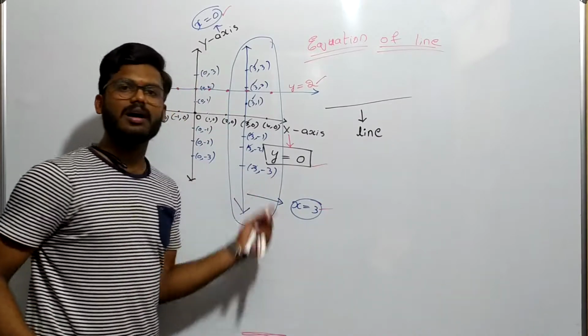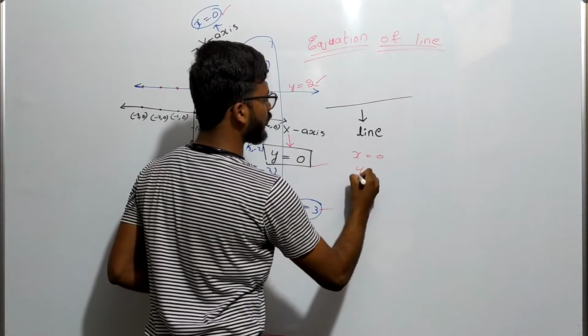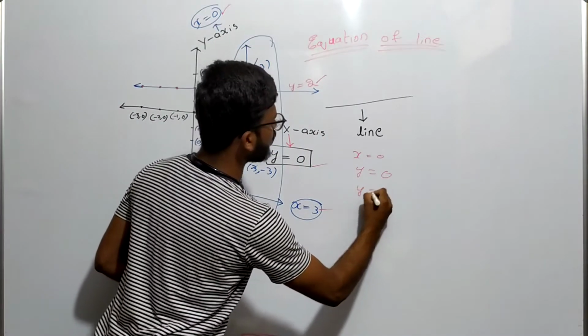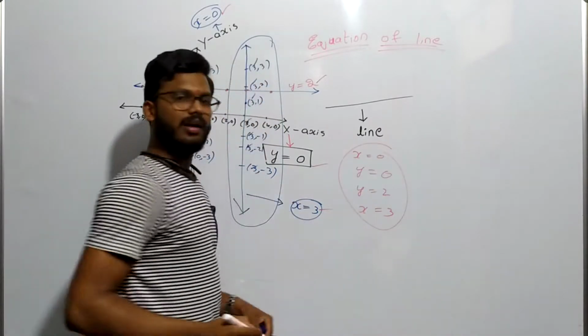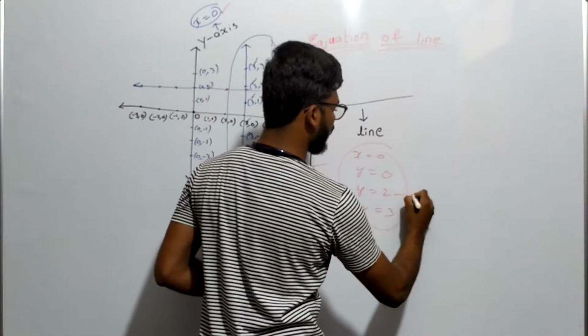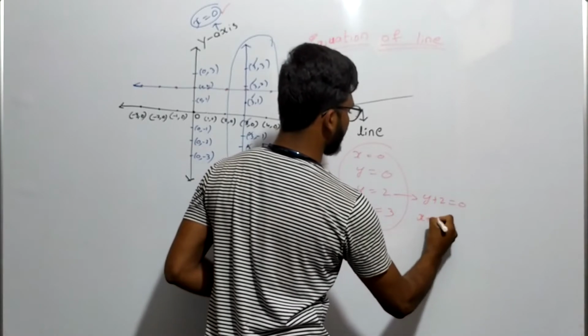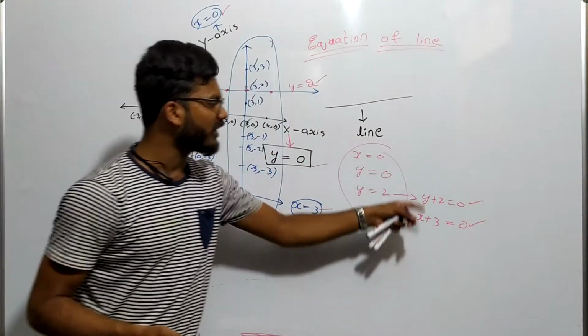If you observe all this, x equal to 0, y equal to 0, or y equal to 2, x equal to 3, here you can write like this, right? This one, y plus 2 equal to 0. Can I write it as x plus 3 equal to 0? This is an equation, this is an equation, right? What type of equations are those two?